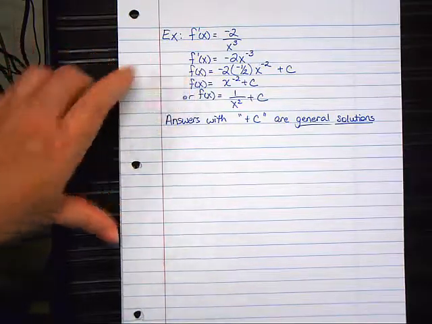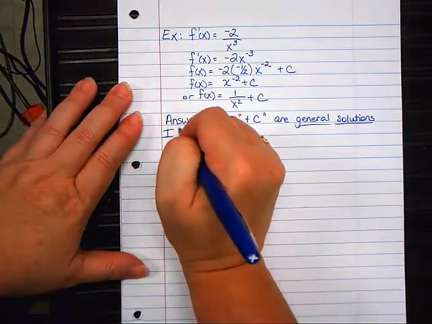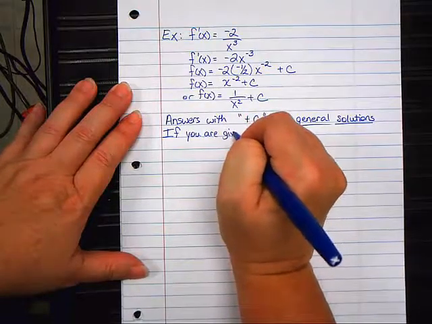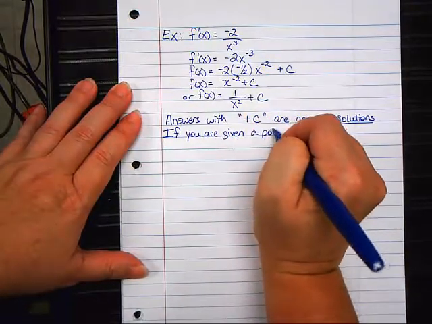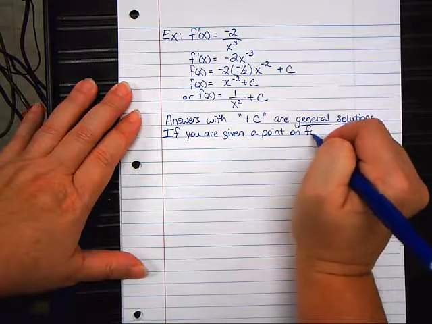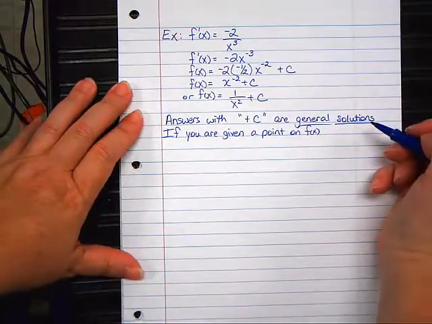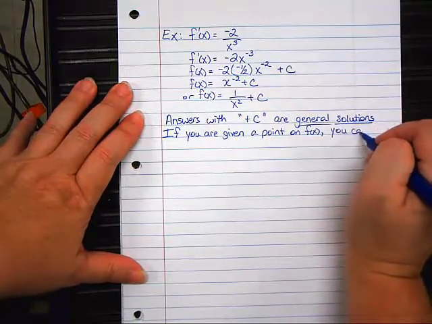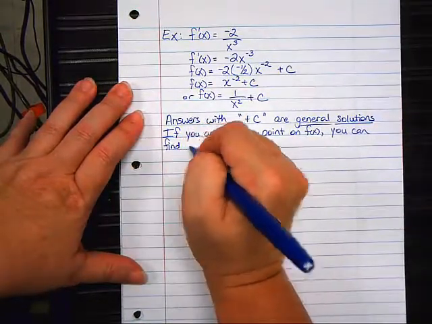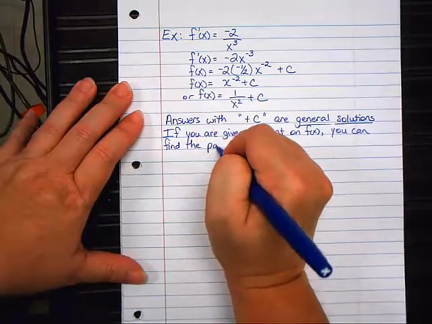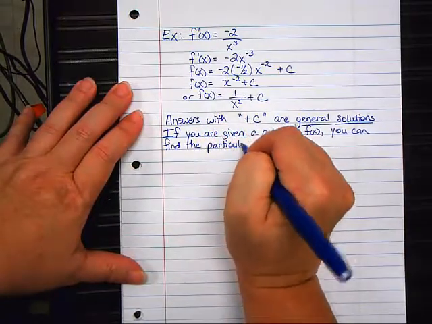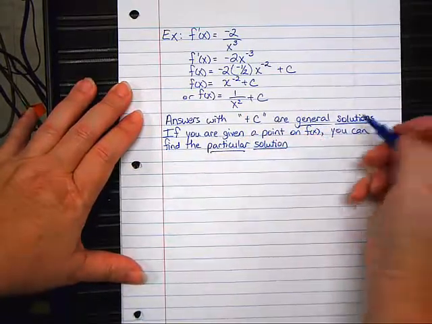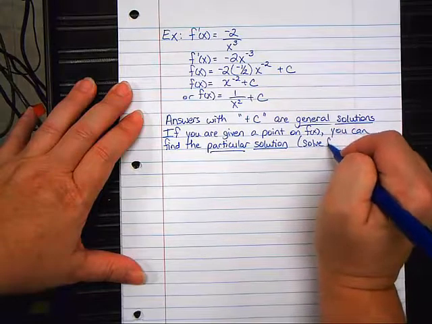If you are given a point on f of x, in other words, if they say this is the derivative and the original equation goes through this point, you can find what is called the particular solution. If it says find the particular solution, you're going to solve for C. You're actually going to find out what C is.